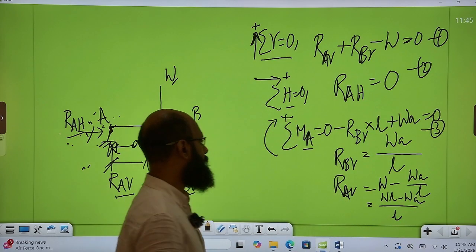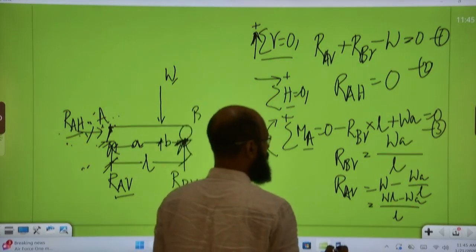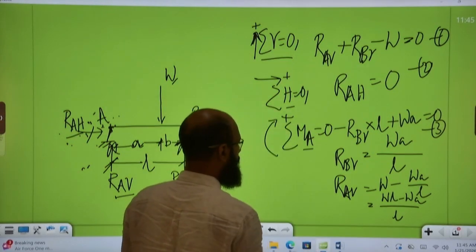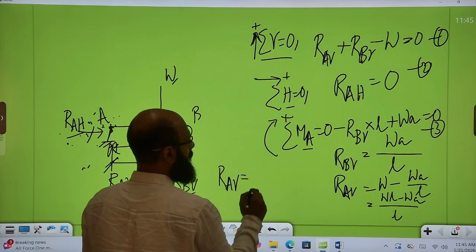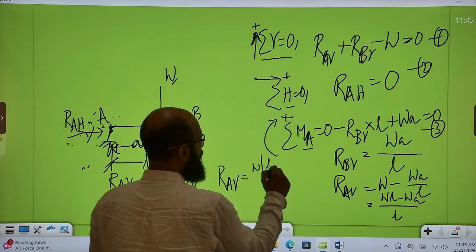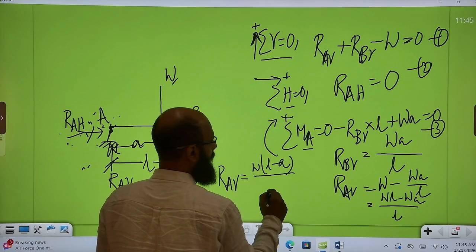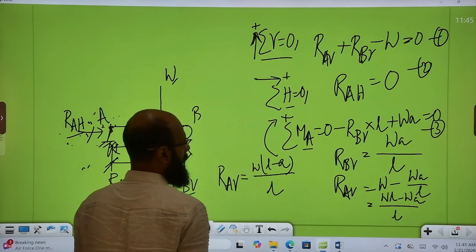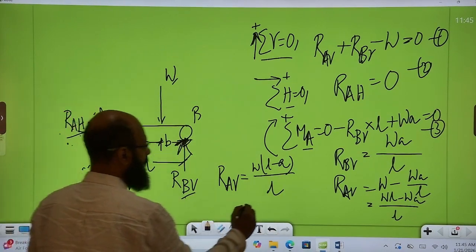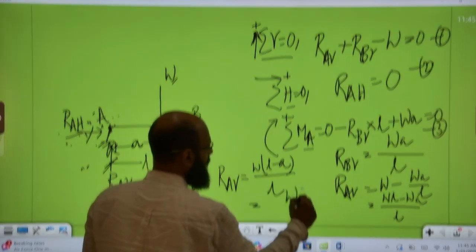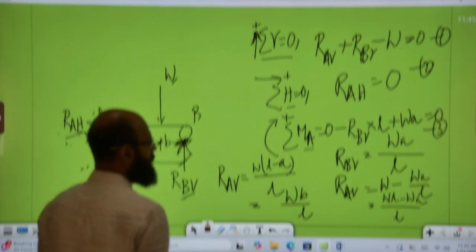If you take W as common, RAV becomes W into (L minus a) by L. And L minus a is exactly equal to b. So Wb by L is equal to your RAV.